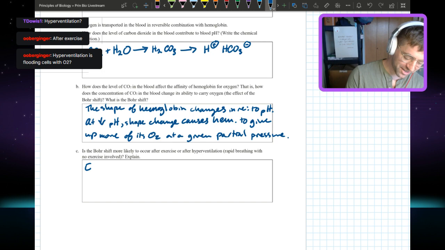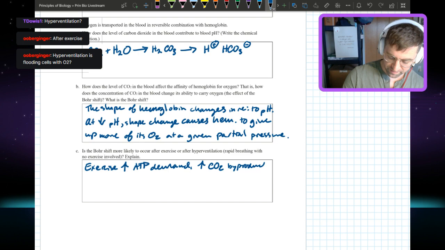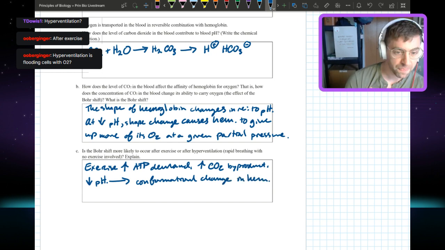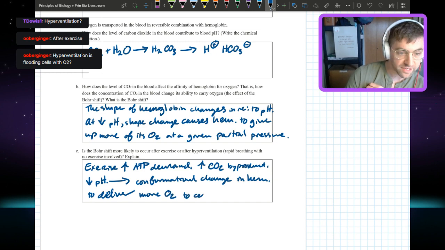Okay, so exercise increases demand for oxygen, to product, and in the chain, hemoglobin delivers oxygen to cells.